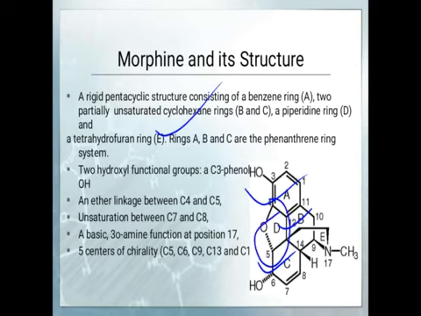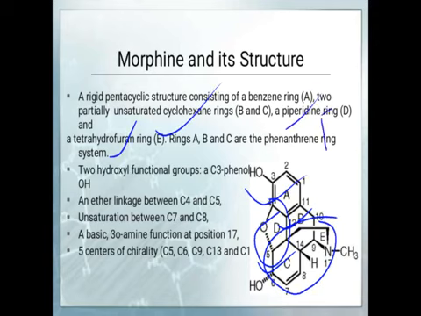Then this D ring, you can observe, is the tetrahydrofuran, and this E ring is the piperidine ring.